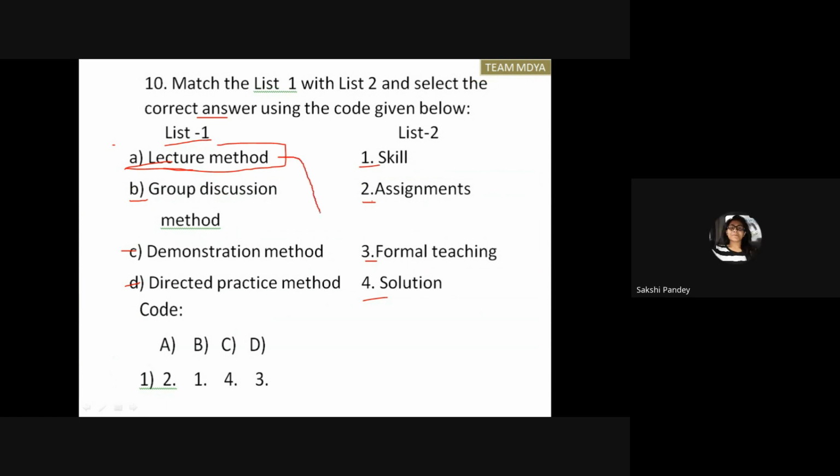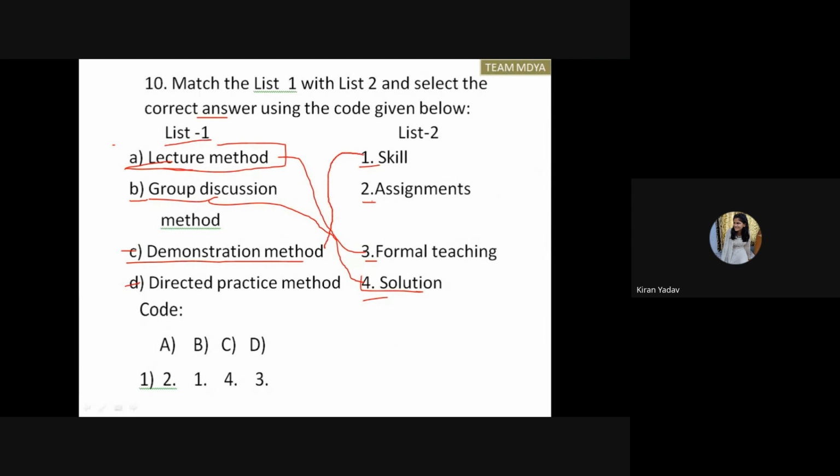Yes, lecture method is a formal way of teaching. And group discussion method, solution. Yes. The outcome of group discussion method is to find a solution. And after that, demonstration method, skill. Yes.